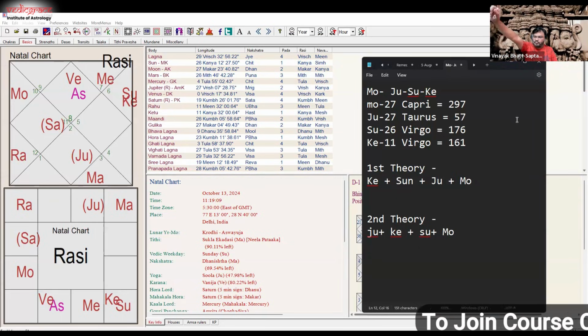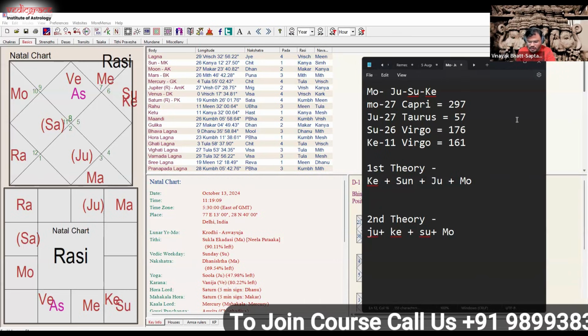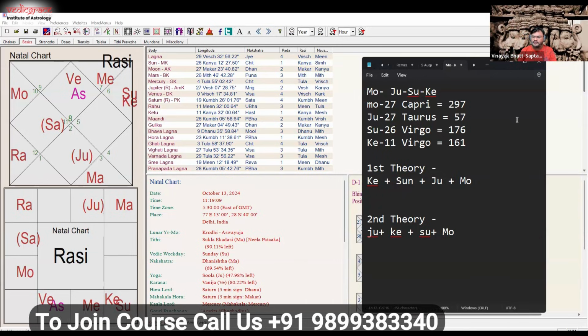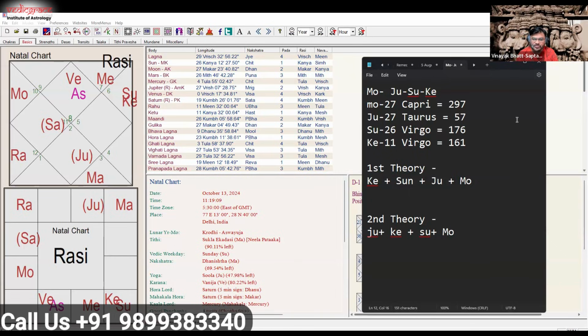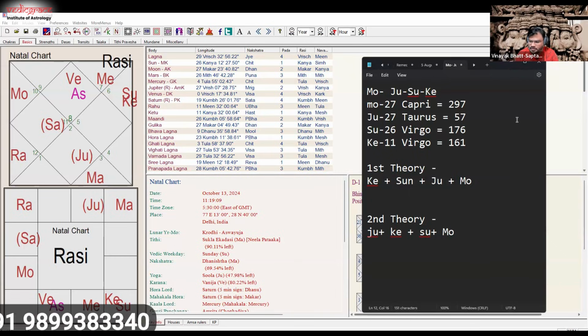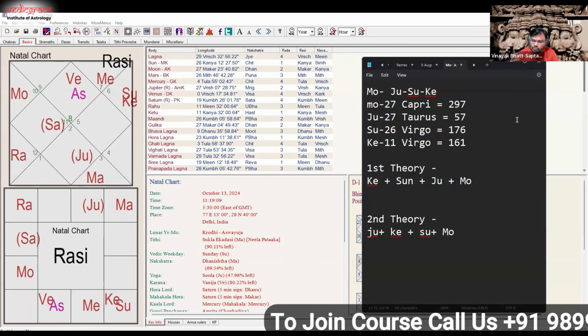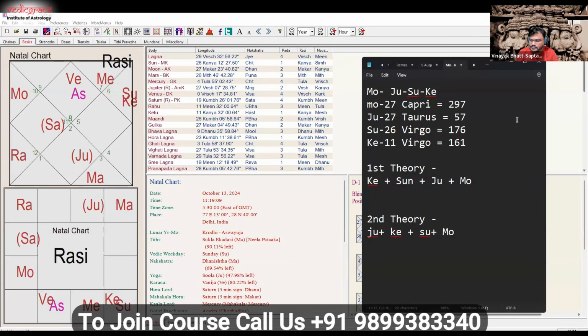Okay. But there is an exception to it. This exception I have also explained in previous classes, but let me say it one more time. If in any chart Jupiter and Venus are combined together, or if they are in trinal, then no matter if that chart belongs to a male or female, Jupiter is the planet you should consider.